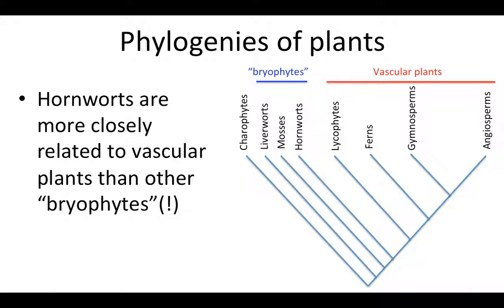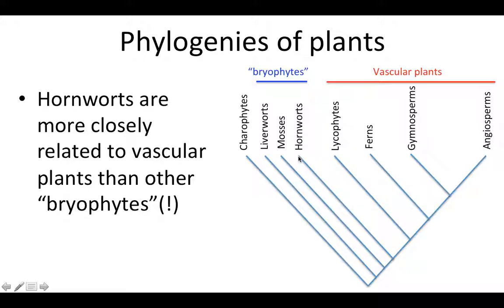So this diagram tells us some counterintuitive things. For example, let's focus on the hornworts. We said in the lecture about bryophytes that the hornworts were the kind of bryophyte that was most closely related to the vascular plants. And I said that, but I didn't really show you why.